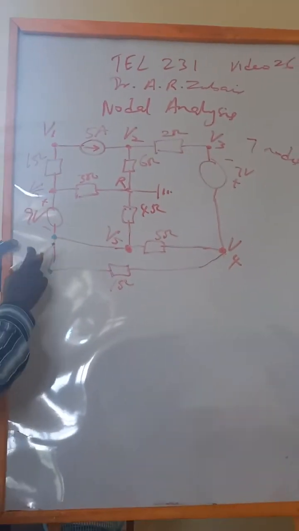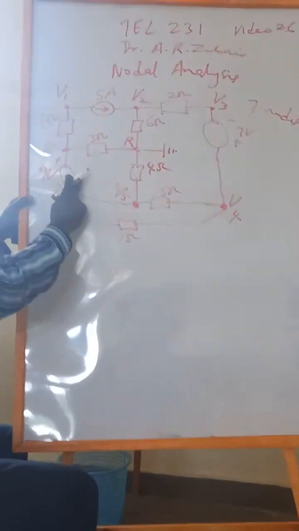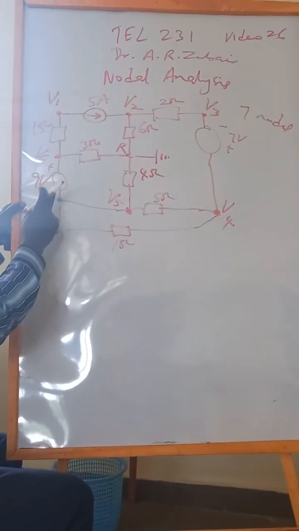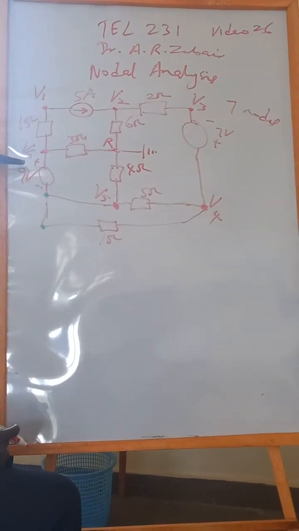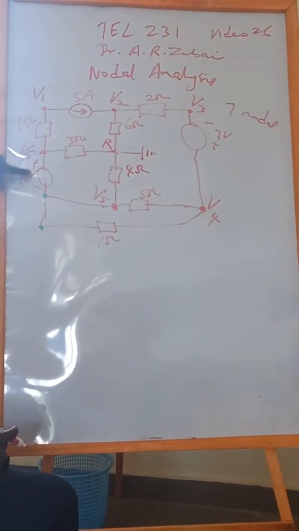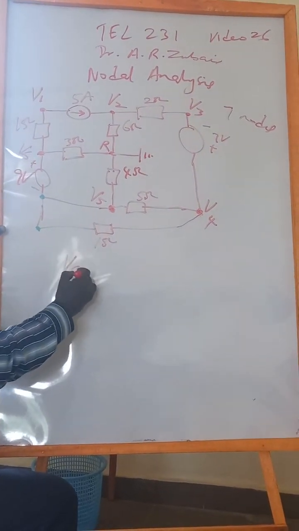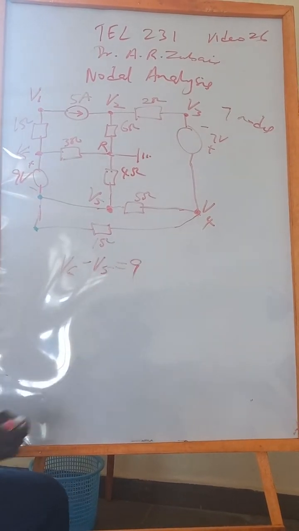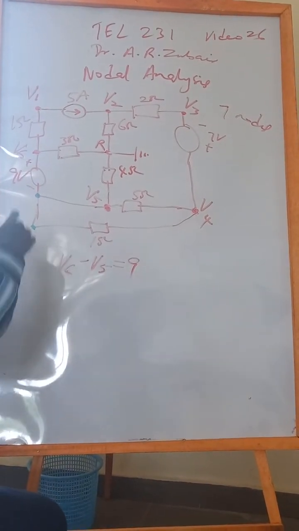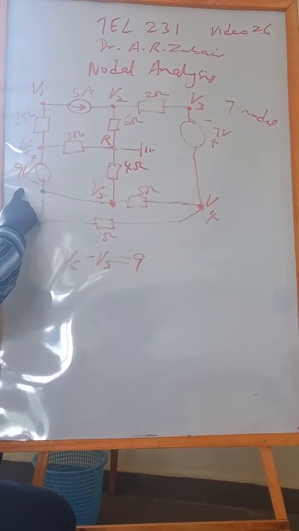You know that this point and this point are the same. From the way it is indicated, this end is supposed to be more positive than this. That means V6 minus V5 must be equal to that EMF.